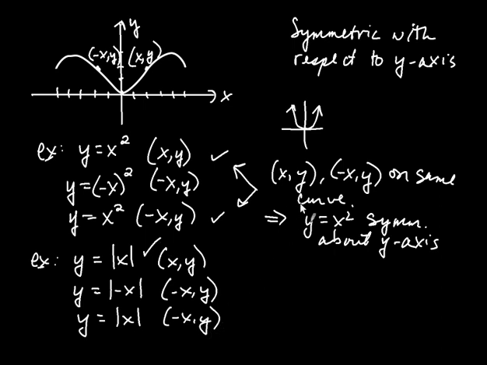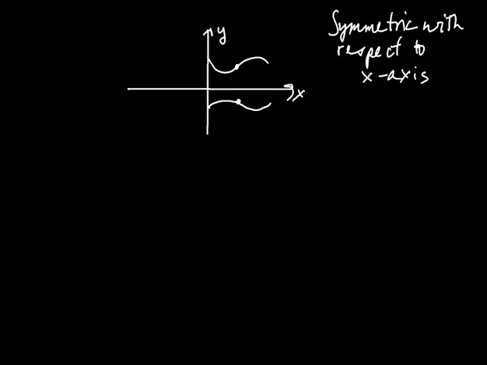Okay, what about when a curve is symmetric with respect to the x-axis? Let's see an example of that. So with respect to the x-axis, all we mean by that is that the curve has been reflected across the x-axis. And we can see that if this is the point xy, okay, well, what must the coordinates of this point be?